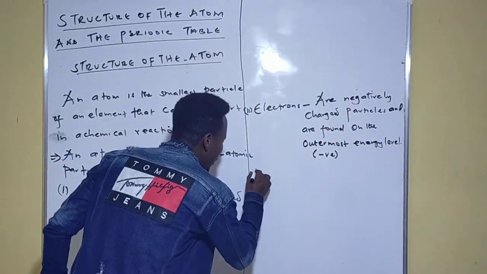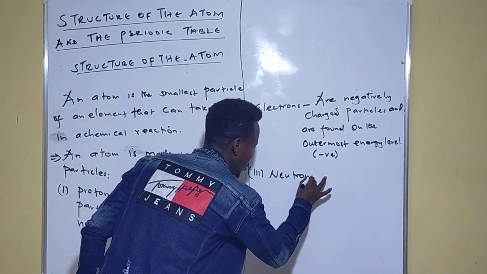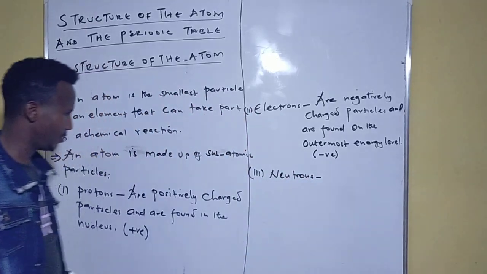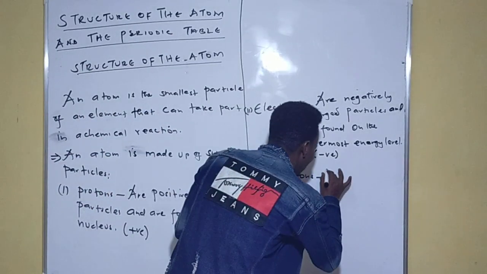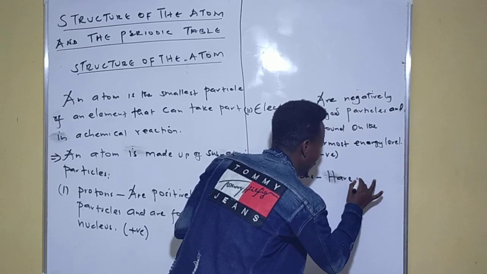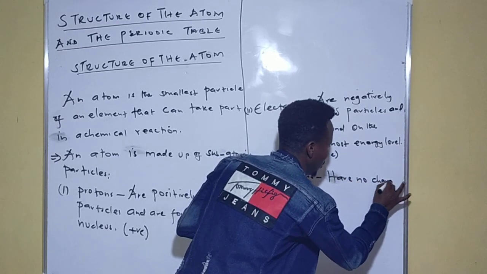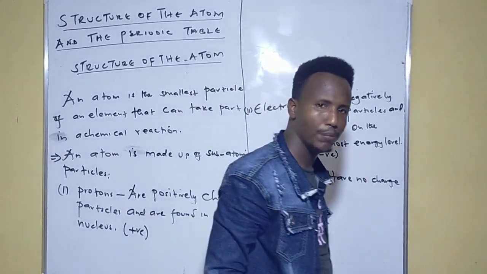Then we have another subatomic particle called neutrons. Neutrons have no charge. What does it mean? They are neither negative nor positive.